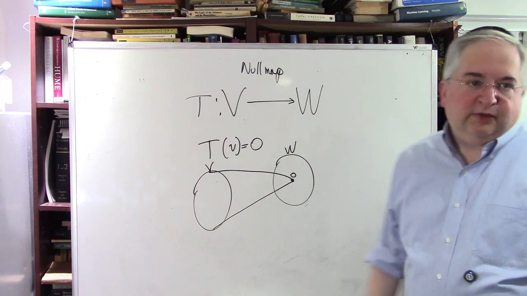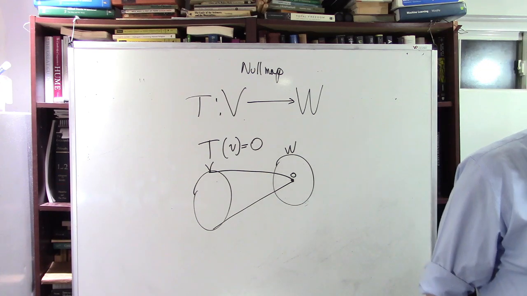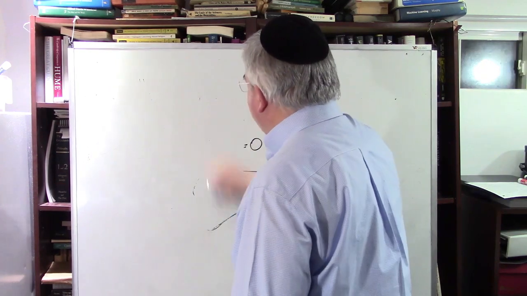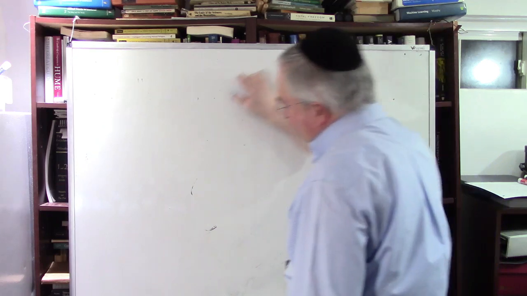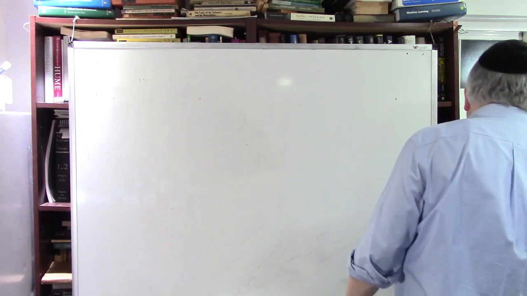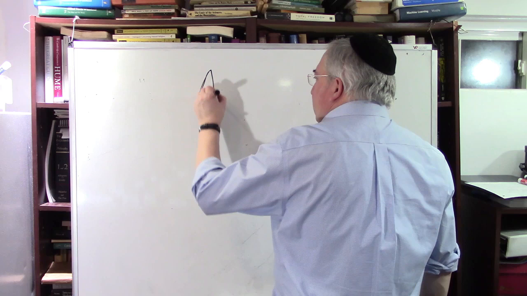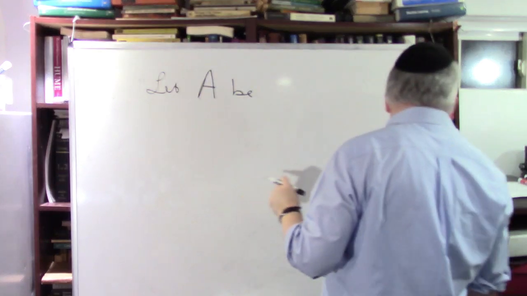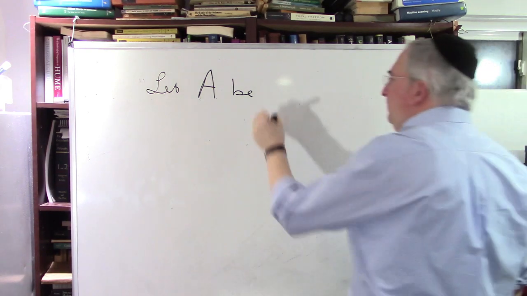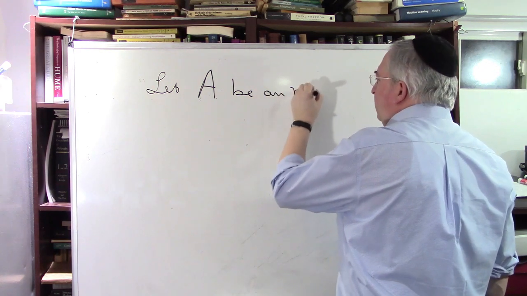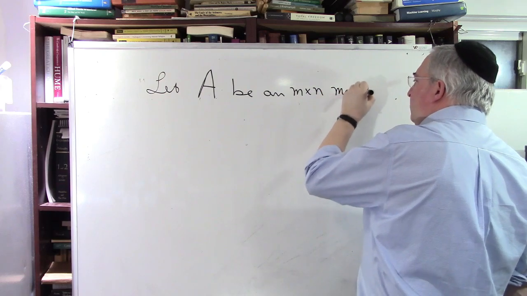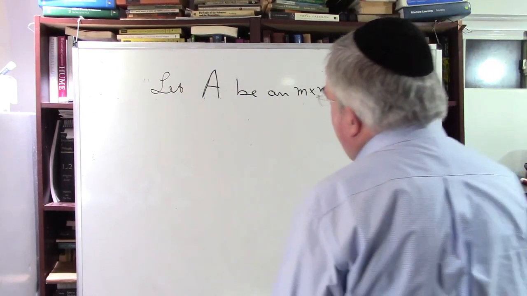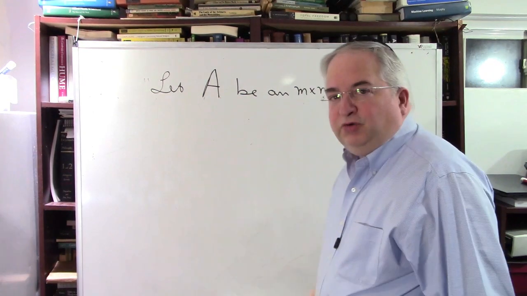Okay, we need another example. More examples of linear transformations. Let A be an m by n matrix. We're going to use this matrix to make a transformation.